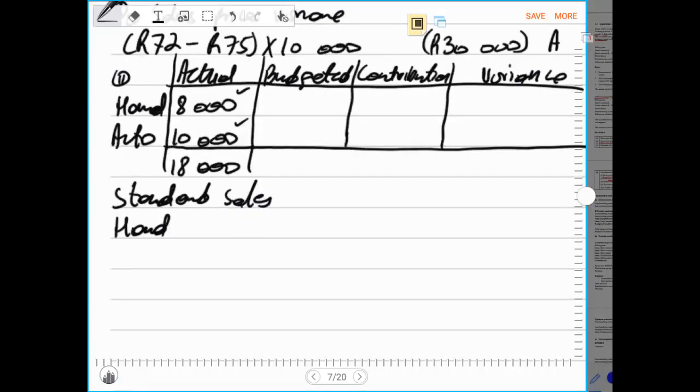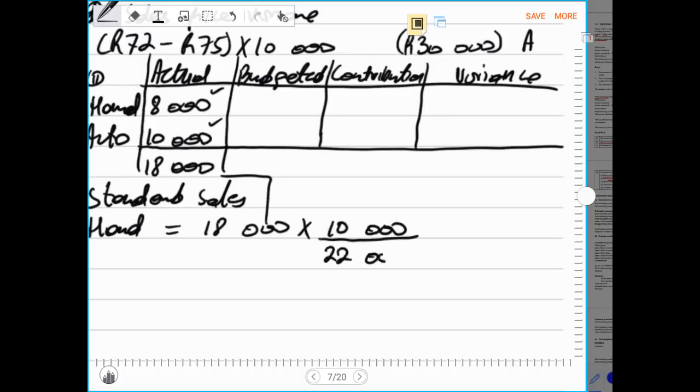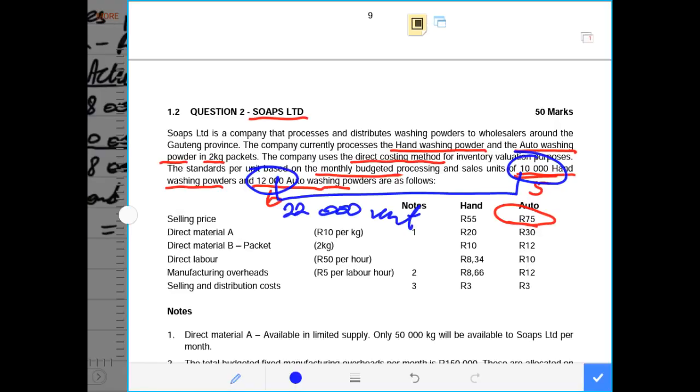So when I'm saying we allocate our actual sales, in other words, total actual sales is 18,000. We times this by budgeted units for hand washing powder, divide by total units of 22,000 budgeted, the total units budgeted being 10,000 and 12,000.